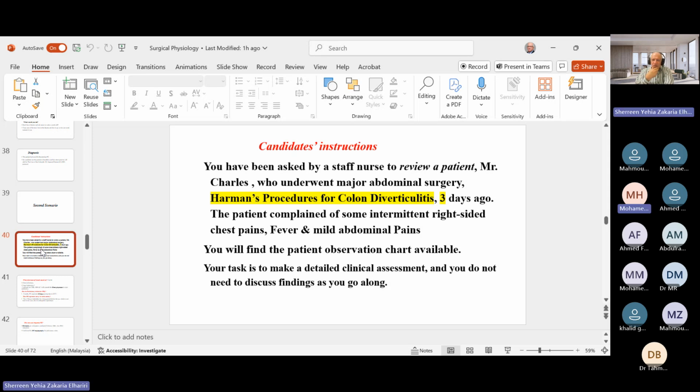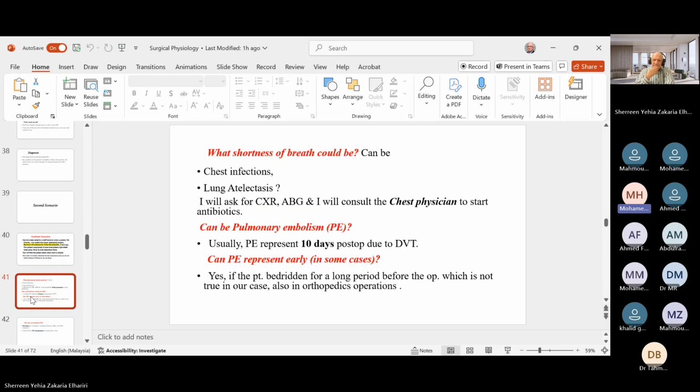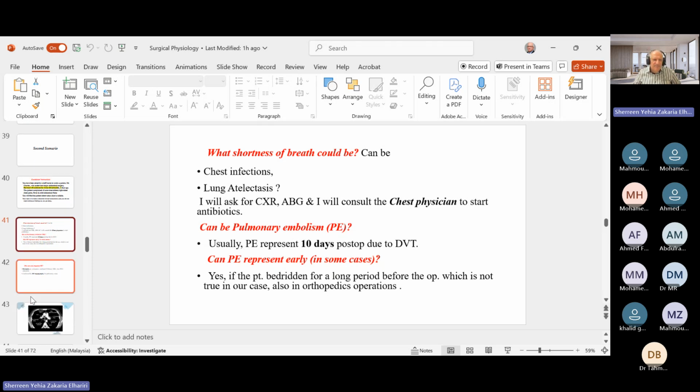Yes, if they have a major orthopedic operation like an intramedullary nail, or the patient has cancer and was immobilized for a long time. Okay, so bedridden, whatever. Percutaneous embolectomy was done in Egypt once, as I know, in the center in Aswan for fat embolectomy for a patient after an orthopedic operation. Maybe nowadays it is common. All right.